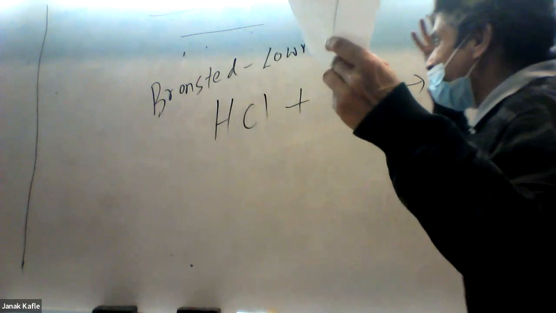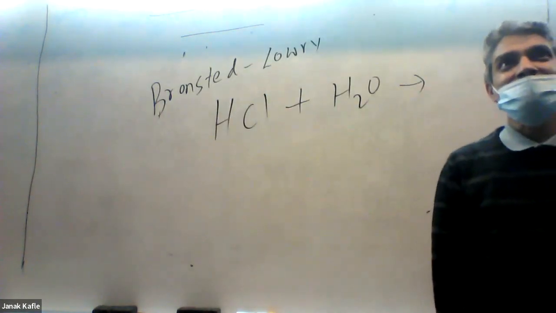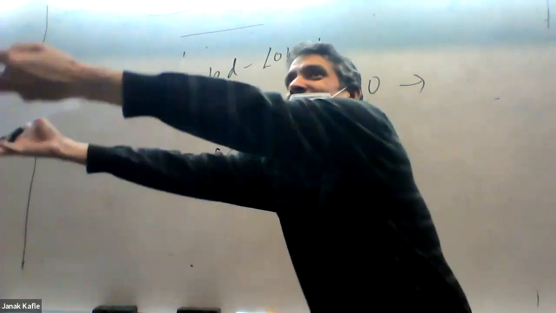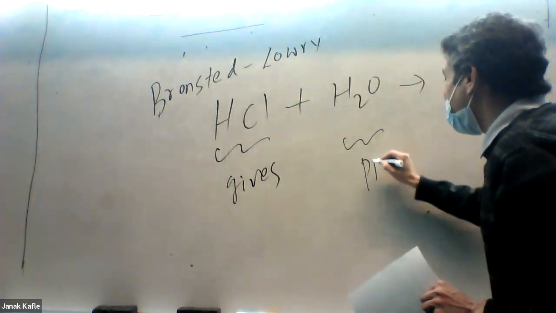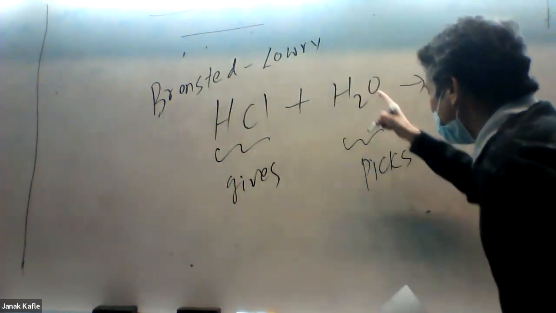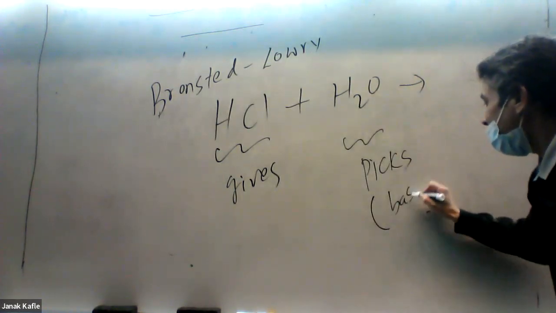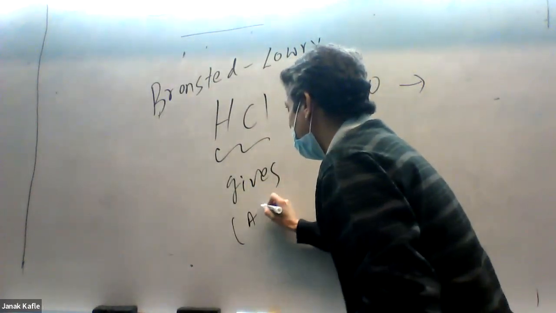So one guy gives H plus, another guy picks that H plus. Make sense? So this is a guy that gives H plus. And this guy picks that H plus. So that which picks that H plus is called base, and the guy which gives H plus is called acid.